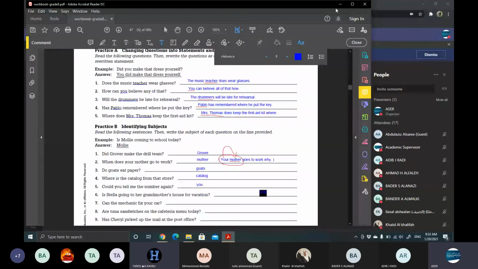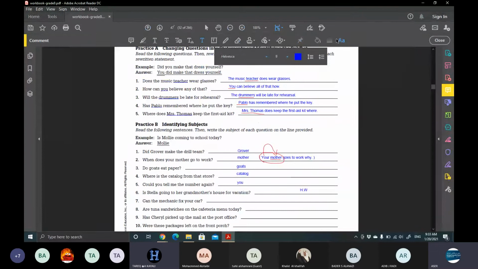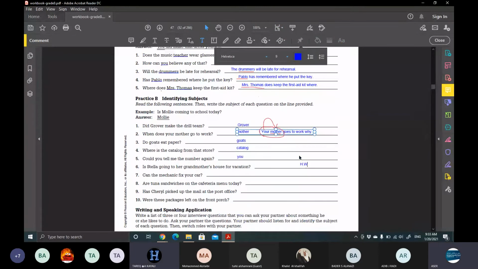Teacher, in this question, can there be two subjects in the sentence? I'm sorry, what? Can this sentence have two subjects? You mean a compound subject? No, I mean two subjects, like one at the beginning and one in the middle.